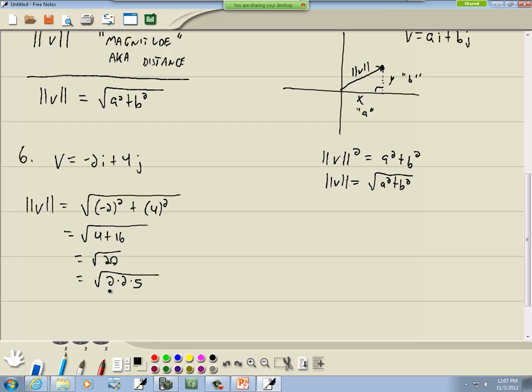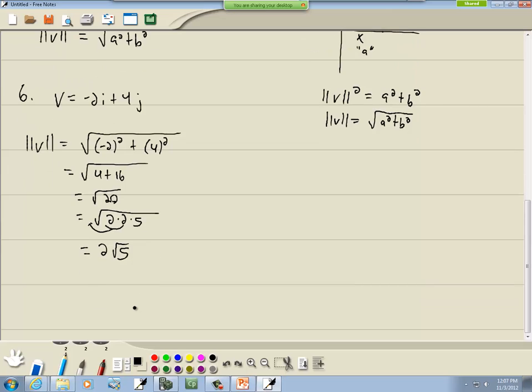Remember, for the square root, we're looking for a pair of numbers, so here's a pair of 2's. Those are going to come out in front as a single 2. So we've got 2 square root of 5. Now, if we were actually using that to graph something, we might want it in decimal, but that's our answer.